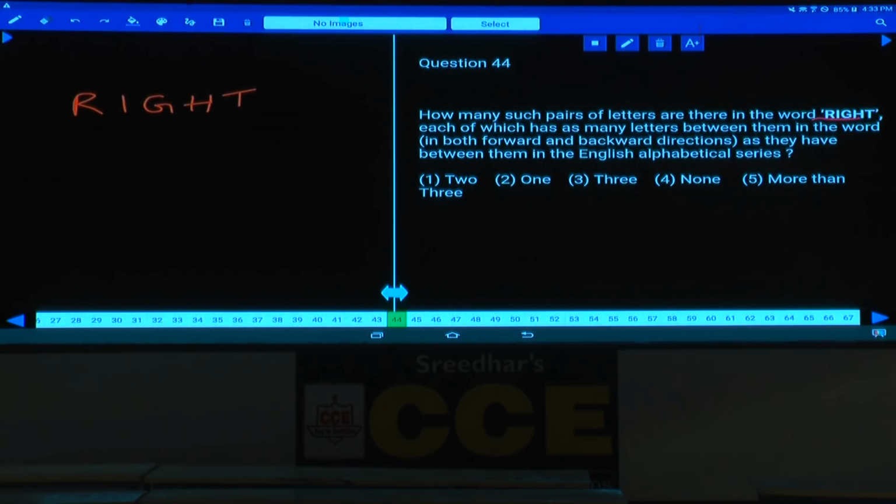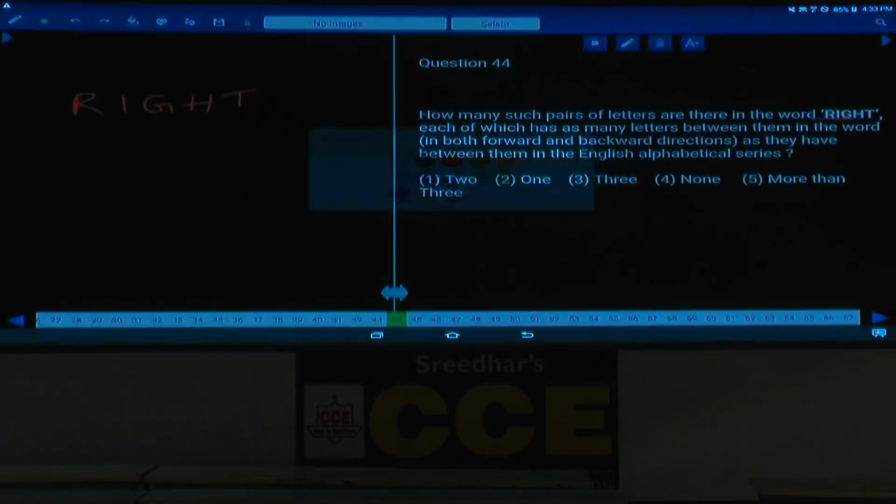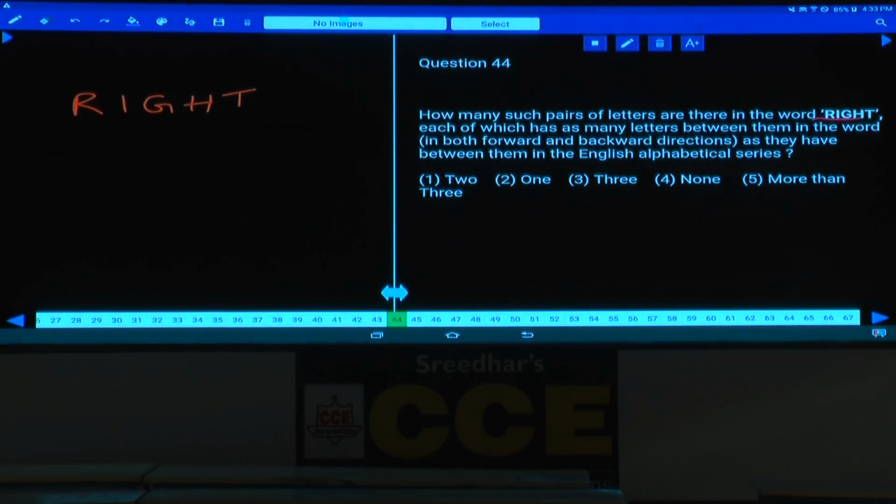Now in this word, each of which has as many letters between them in the word, both forward as well as backward, as they have between them in the English alphabetical series, isn't it? Between R and I, starting from R, first count the letters from R. Next letter to R is S, but as S is not matching here, R, S, T, U, V. No letter is matching here.